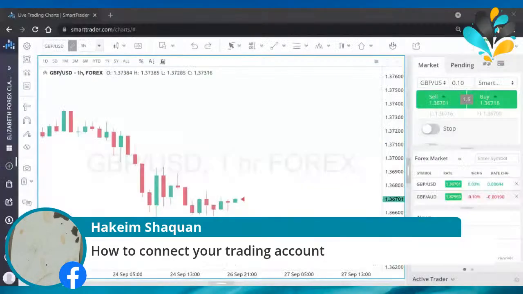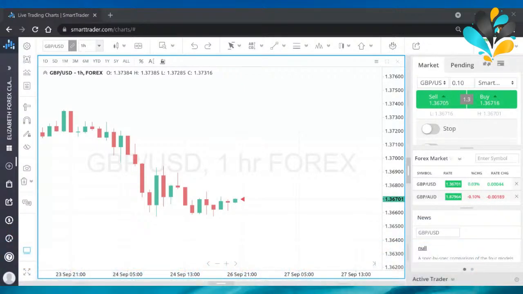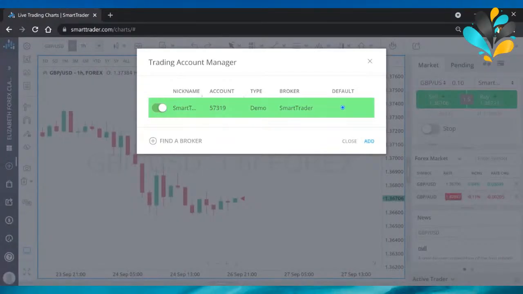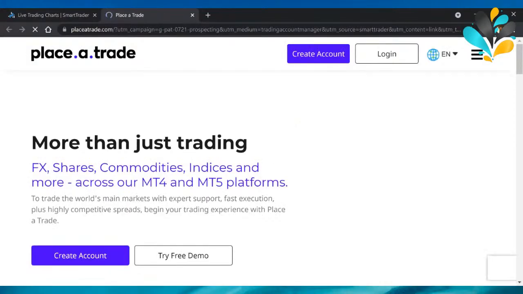So you would go to the $, just to once again show that in case you did not get your answer. You would go to the $, select manage accounts. Click on the plus sign where it says find a broker. Select whether it's a US account or non-US account. So in this case, I'm non-US.